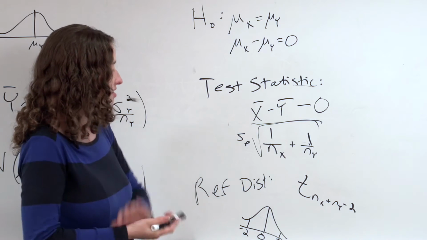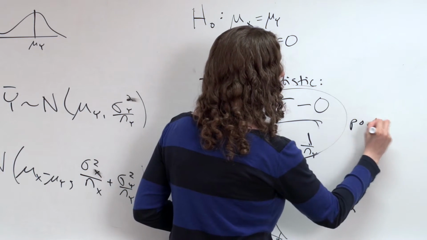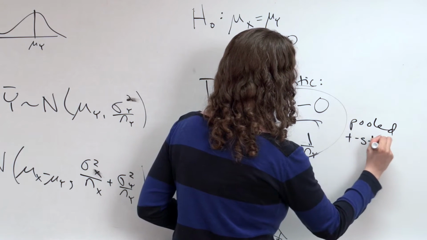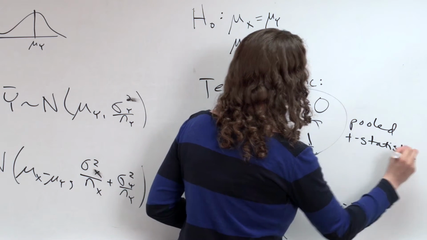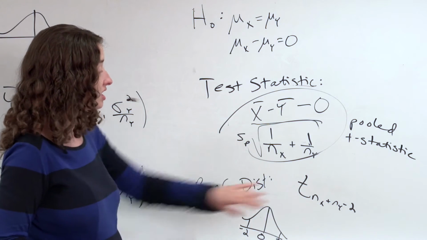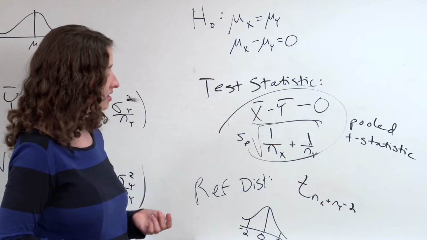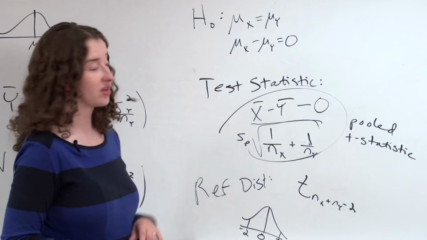How come this pooled test statistic, this pooled t-statistic, does exactly follow a t-distribution, whereas the unpooled Welch t-statistic only approximately followed a t-distribution?